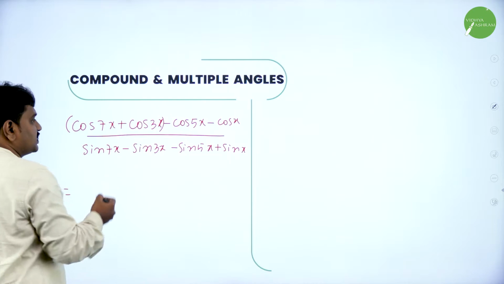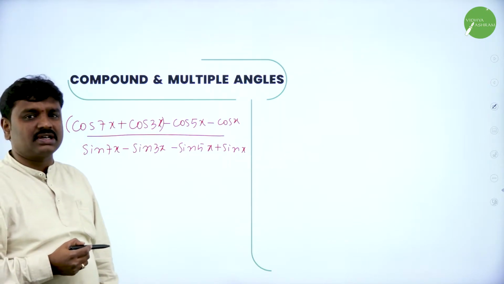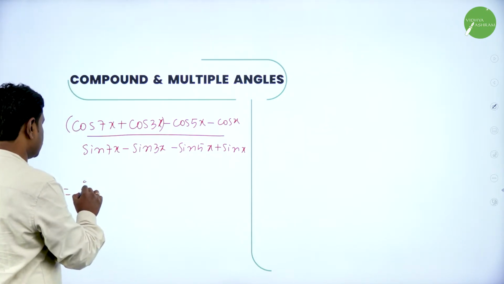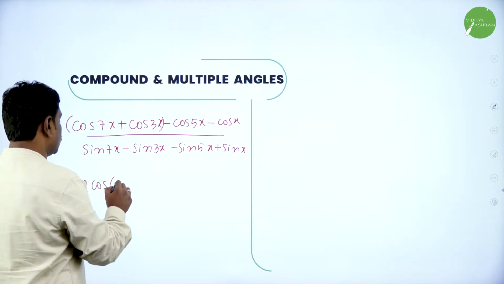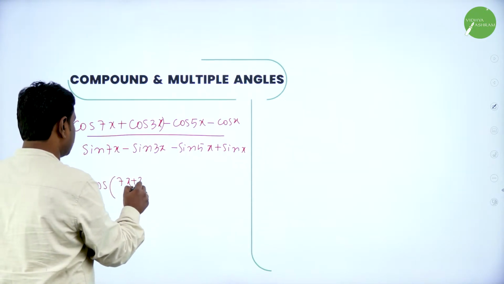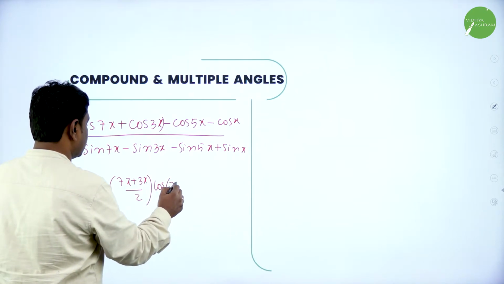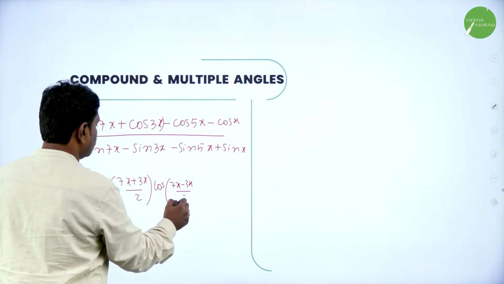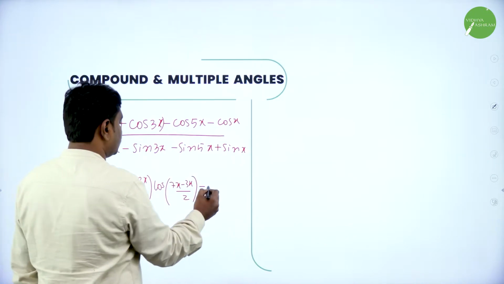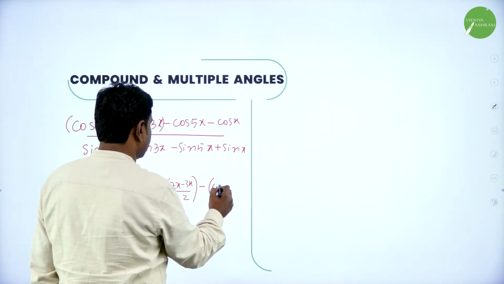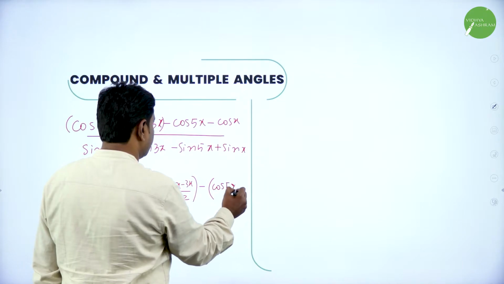It is in the form cos C plus cos D. What is cos C plus cos D? Cos C plus cos D is 2 cos (C plus D)/2 into cos (C minus D)/2. So, 2 cos (7x plus 3x)/2 into cos (7x minus 3x)/2. And further I will take minus common in the other two. If you take minus common, it will become cos 5x plus cos x.